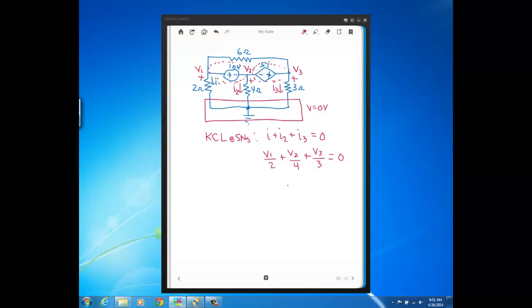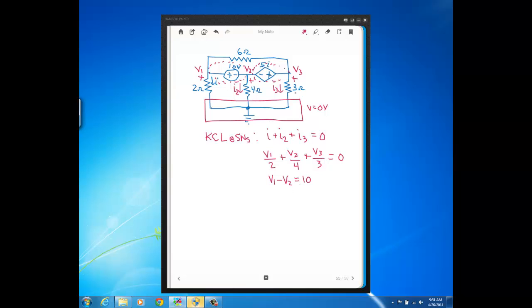So again, getting the additional equations comes from looking at the voltage sources and seeing how that affects the node voltages they're connected to. Because that gives us the relationship between the node voltages for the additional equations that we need to solve. So for the 10 volt source, looking here, V1 minus V2 is 10 volts. So we get this equation by looking at the 10 volt independent source.